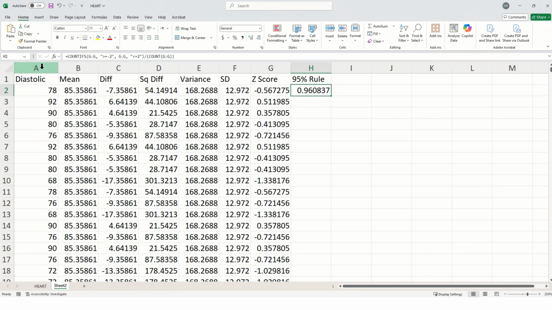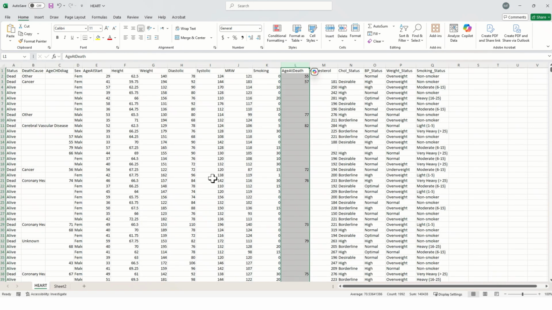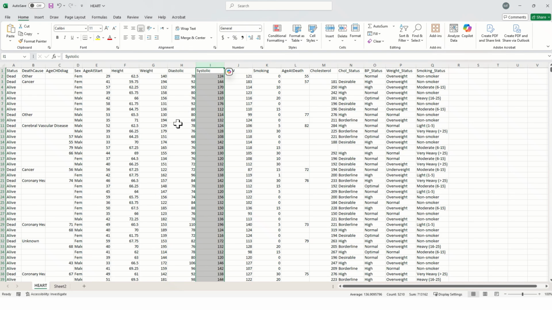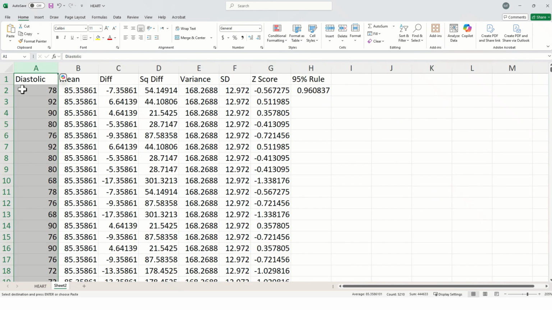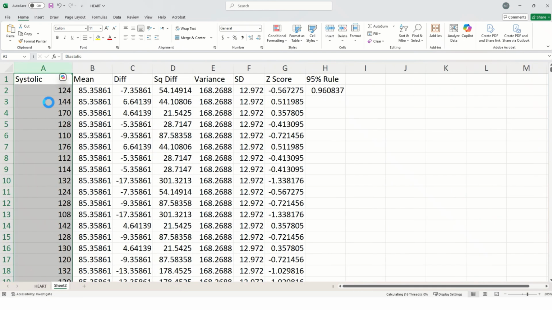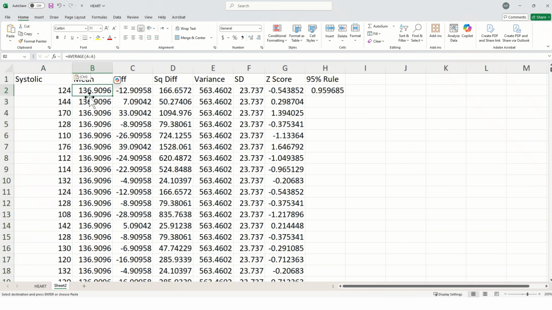And if we now replace this variable, diastolic, with any other variable, let's say we replace it with systolic blood pressure, and we paste it here. Now obviously the mean is different for systolic blood pressure than it was for diastolic blood pressure, and of course the difference for each of these values is going to be different.